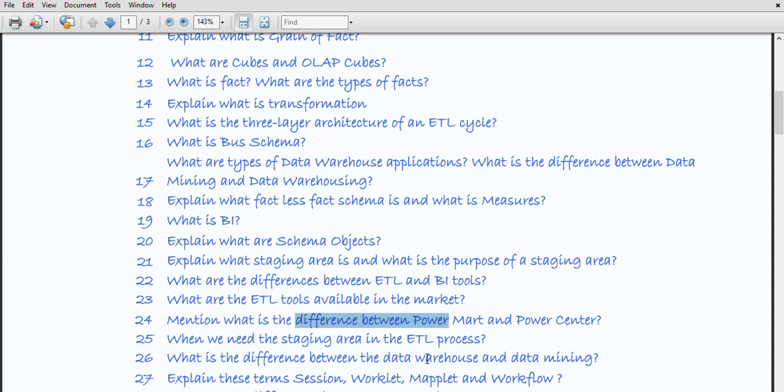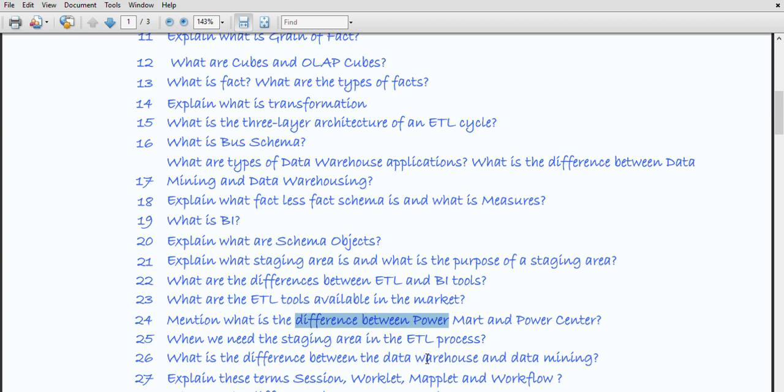Then, Power Mart supports ERP sources such as SAP, PeopleSoft, etc., and Power Center does not support ERP sources. Power Mart converts the local into a global repository, and Power Center has no significance to convert the local into a global repository.